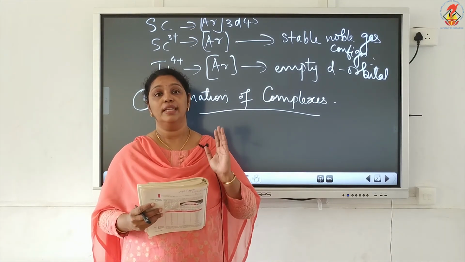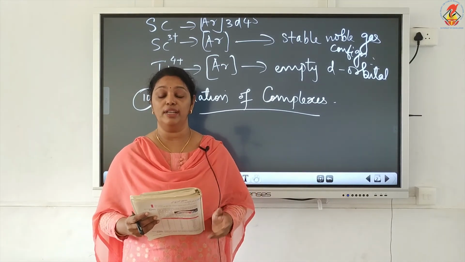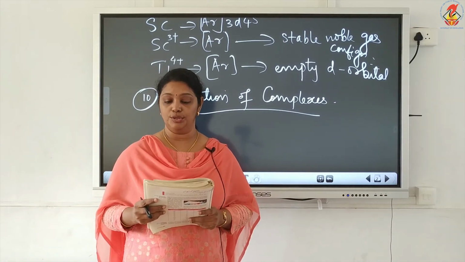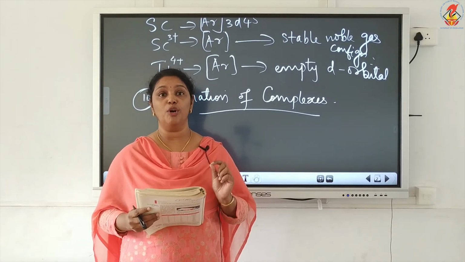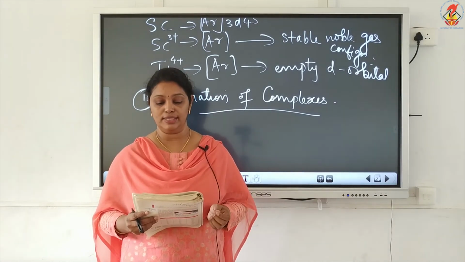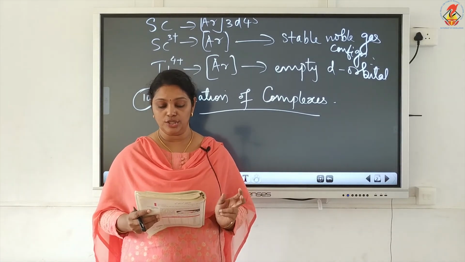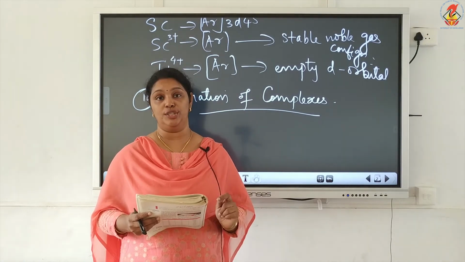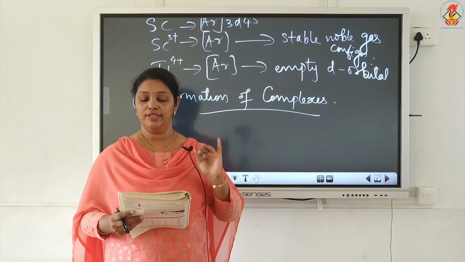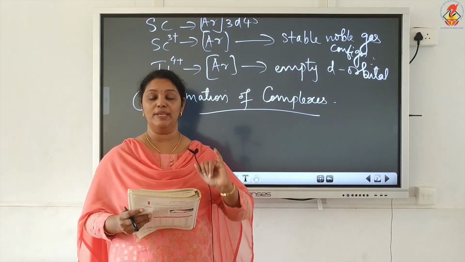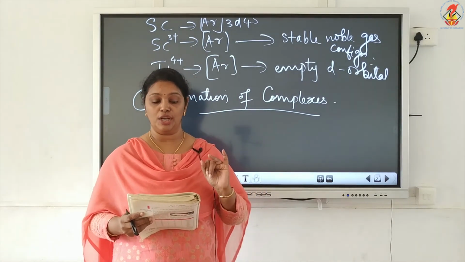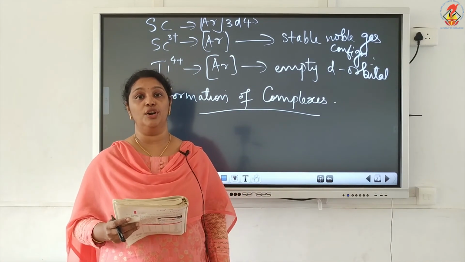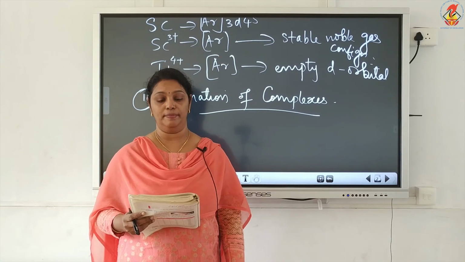Transition elements are capable of forming complexes or coordination compounds due to the comparatively small size of the metal ions, their high ionic charge, and the availability of d orbitals for bond formation. So these are the three reasons: small size of the metal ion, high ionic charge, and availability of d orbitals for bond formation.